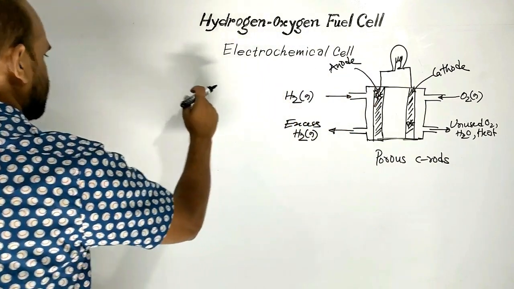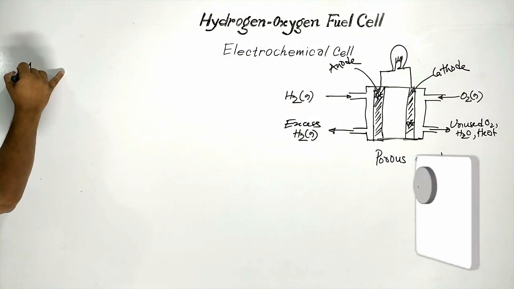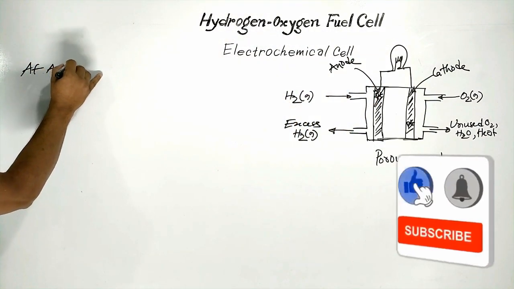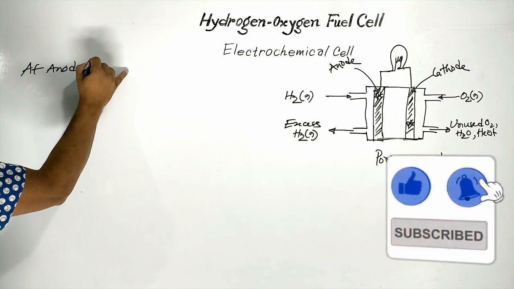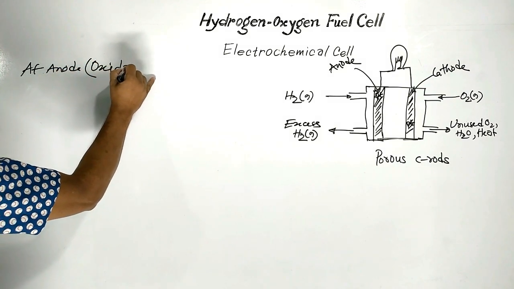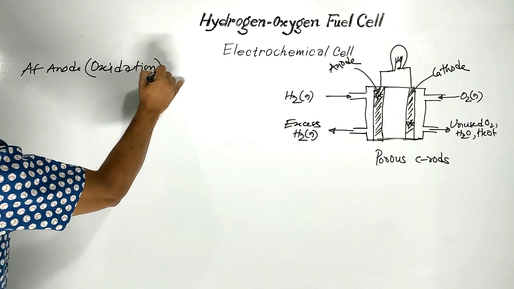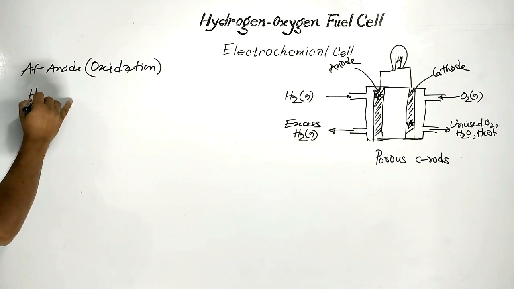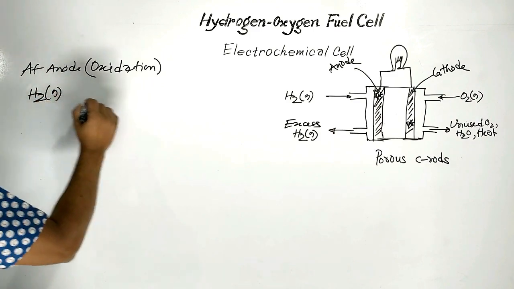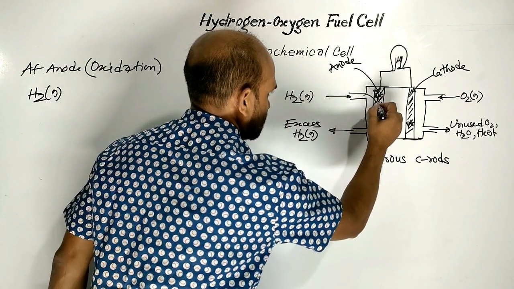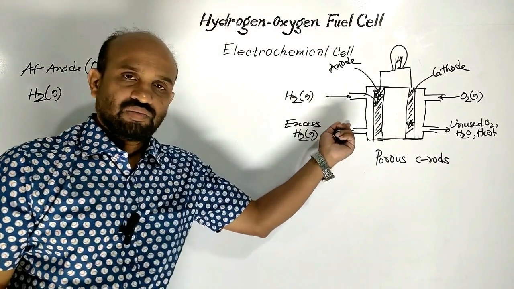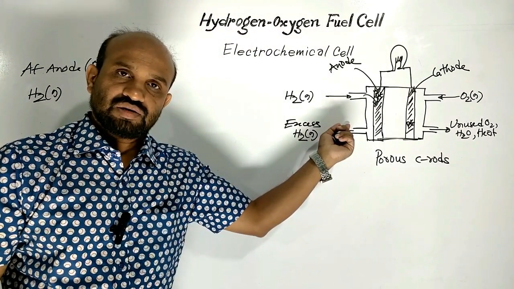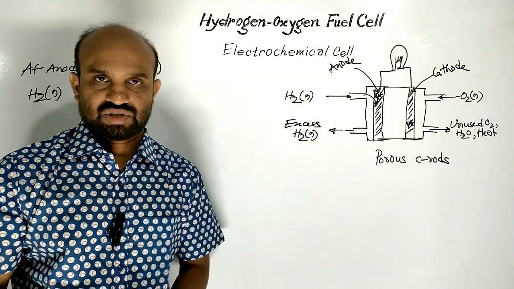Now let's see reactions through which electricity is produced. Reaction at anode. At anode, oxidation occurs in this way. Hydrogen gas, here platinum acts as catalyst that absorbs hydrogen gas.